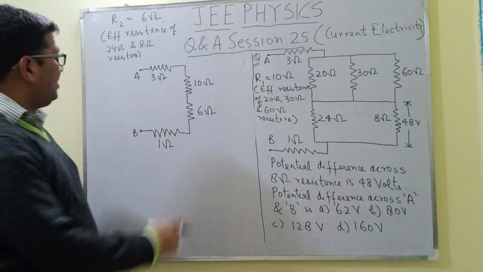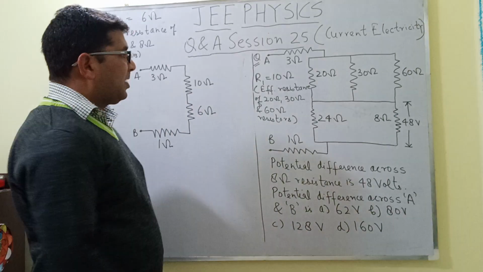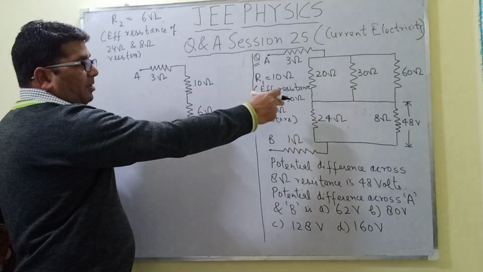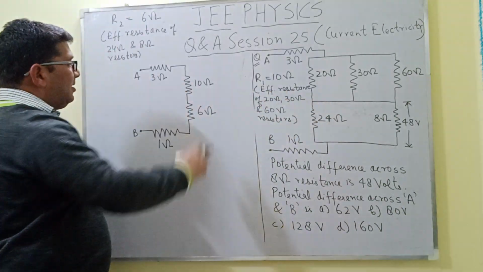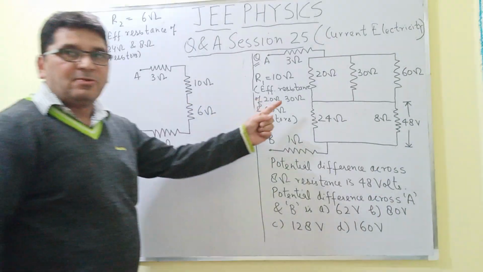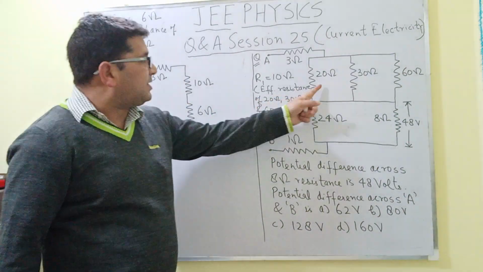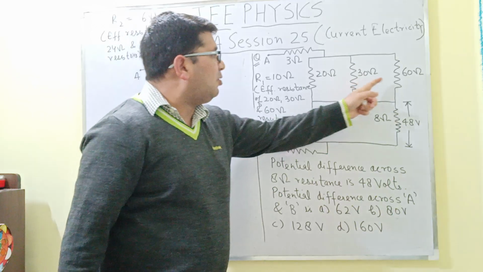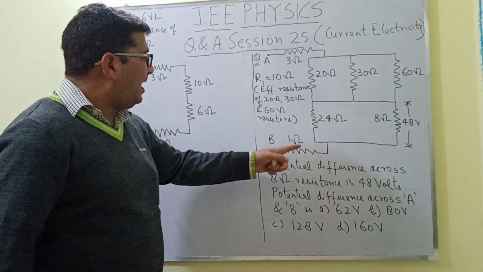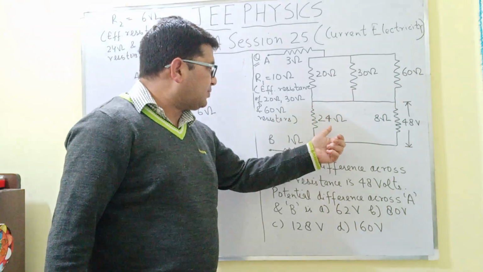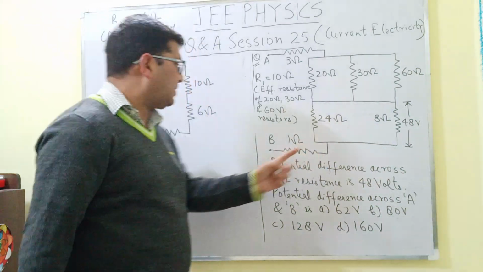So in this way now I have redrawn this electrical circuit after calculating the effective resistance of this 20 ohm, 30 ohm and 60 ohm resistor, and the effective resistance of this 24 and 8 ohm resistors.